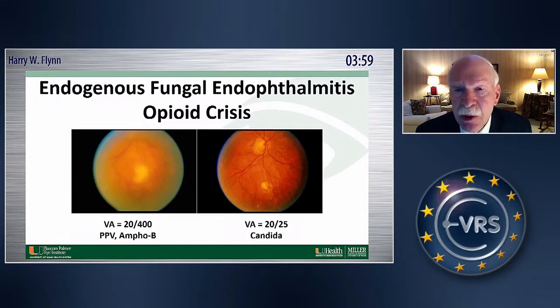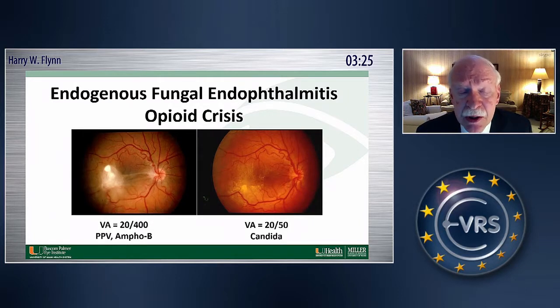What about fungal endophthalmitis? Worldwide, we're seeing the opioid crisis with intravenous drug use. You can see this case of involvement with Candida causing a retinitis, and following vitrectomy and injection, the outcome was good in this patient with Candida.